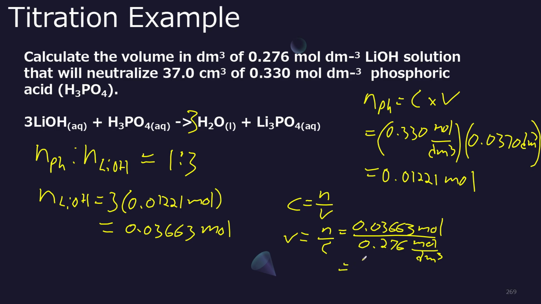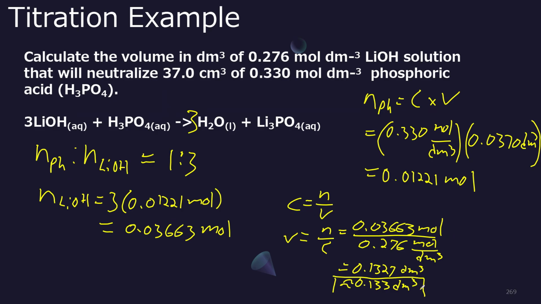Okay, put that in the calculator carefully. This comes out to about 0.1327 decimeters cubed, and we should keep about 3 significant figures. That's what we had in the starting materials, so 0.133 decimeter cubed. I'll put that as my final answer here.